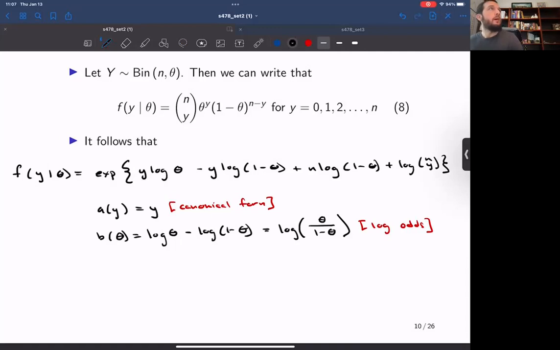All right, and then we can write that C of theta will soak up the remaining terms. So that would be the n log 1 minus theta, and then d of y. Not missing anything, right?